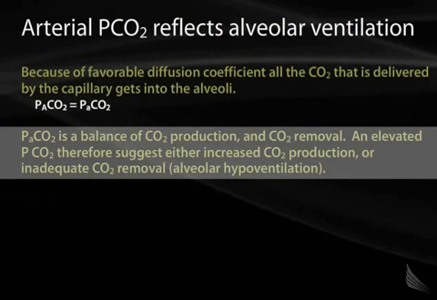The arterial CO2 is a direct balance between the amount of CO2 that's produced and the amount of CO2 that's removed in the lungs. So an elevation in the PCO2 suggests either increased CO2 production, as in the case of fever or exercise, or inadequate CO2 removal, as in the case of alveolar hypoventilation.